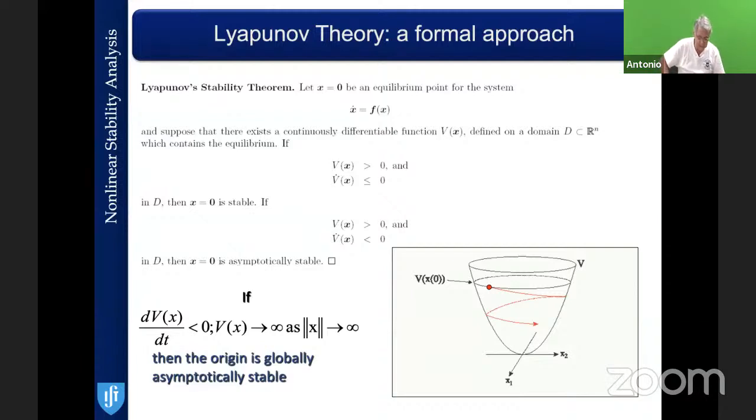There's a technical condition, I'm not going to show this, that the Lyapunov function is such that it looks like a big paraboloid. In other words, it blows up to infinity when you go away from the origin. Then the origin is, and now memorize this word, globally asymptotically stable. No matter where you start, you are driven to the origin asymptotically, okay?